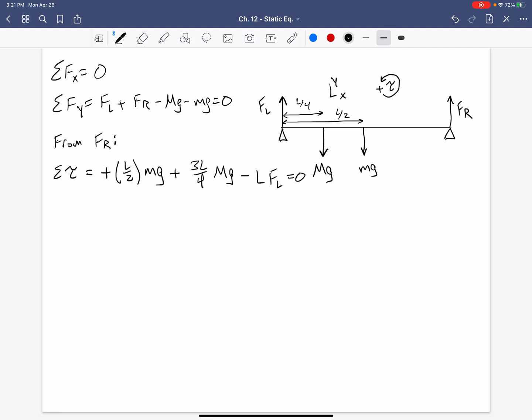And now, like before, our ultimate goal is to solve for the magnitudes of the two forces from the scales, FL and FR. So actually, like before, we can solve straight away the torque equation for FL in this case. So if I do that, notice that the actual magnitude of L can be canceled out.